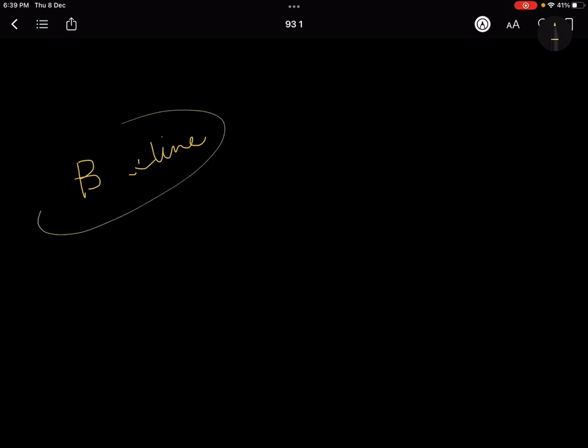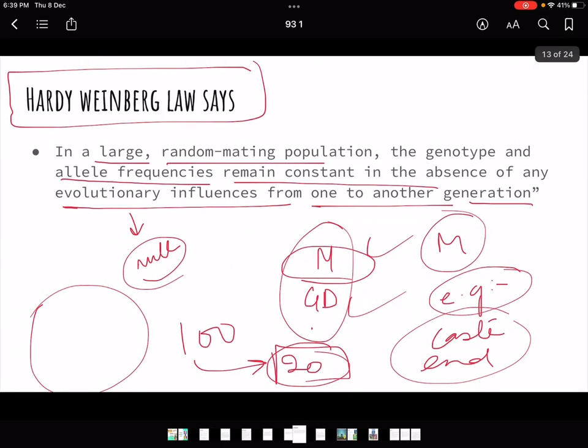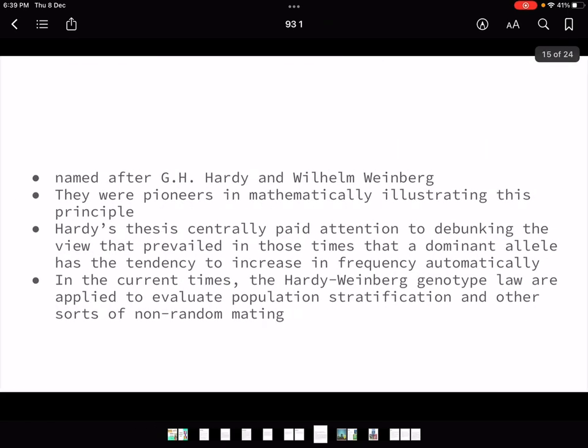If you do not have a parameter on which to compare, how are you going to come up with a conclusion? So in Hardy-Weinberg law, we are taking a very standardized way on which we are going to look at different things.